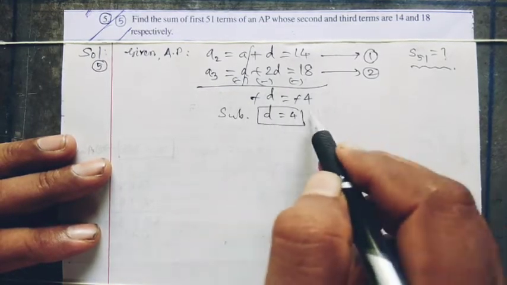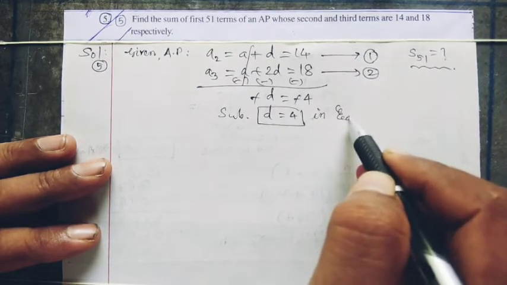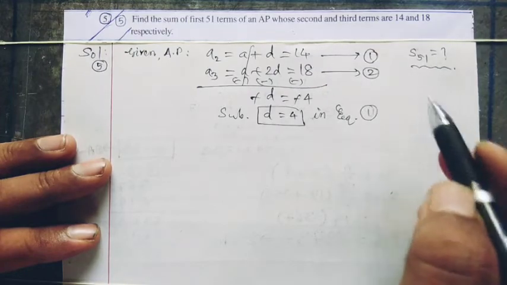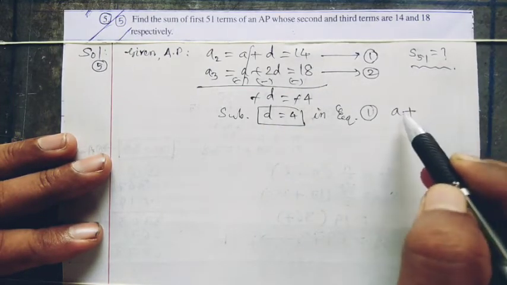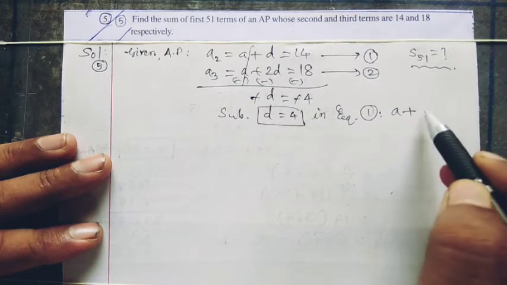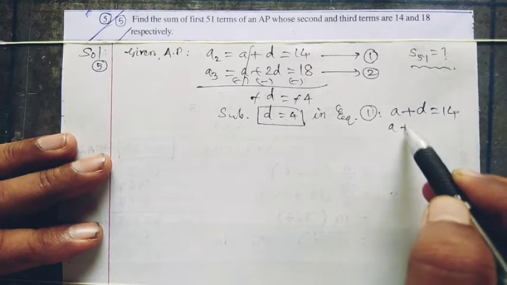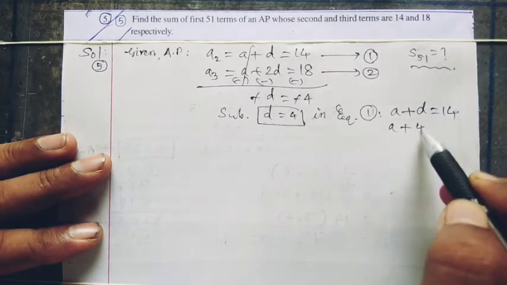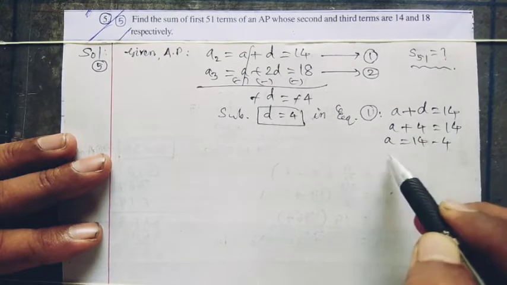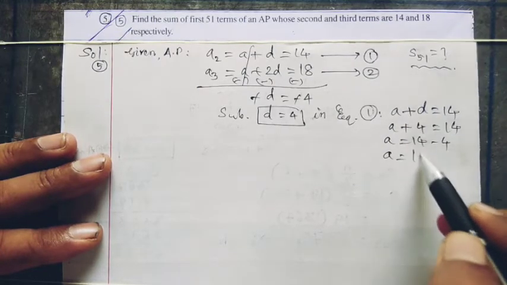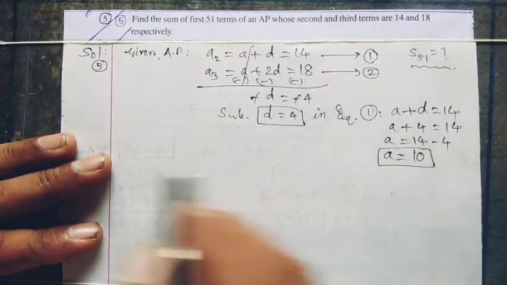Substitute D is equal to 4 in equation 1. Equation 1 is A plus D is equal to 14. A plus, in place of D we have to substitute 4. A is equal to 14 minus 4, A is equal to 10. So D is equal to 4, A is equal to 10.